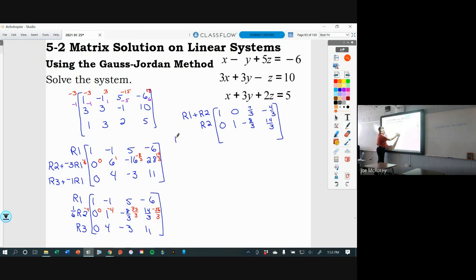So row 3 is row 3 plus -4 row 2's. 0 and 0 combine to give me 0. -4 and 4 combine to 0. 32/3 and -3 combine to 23/3, because this is 32/3 minus 9/3. 32 minus 9 is 23.